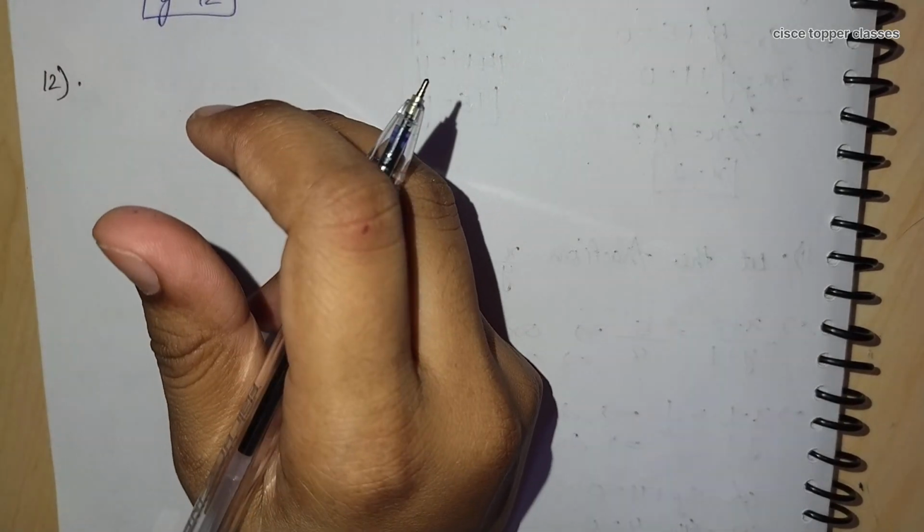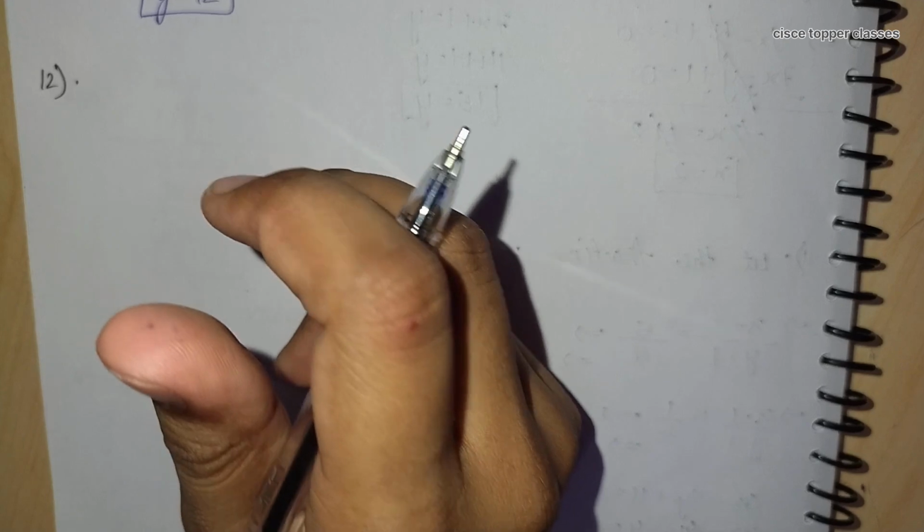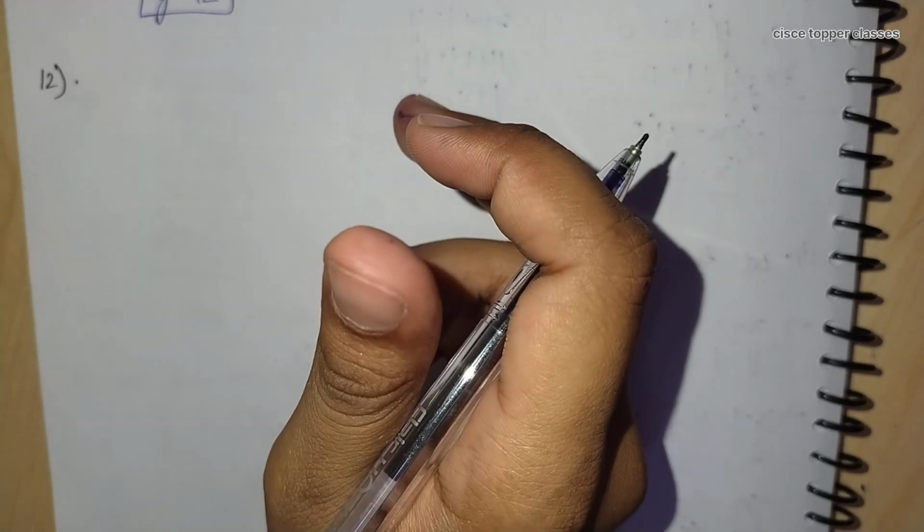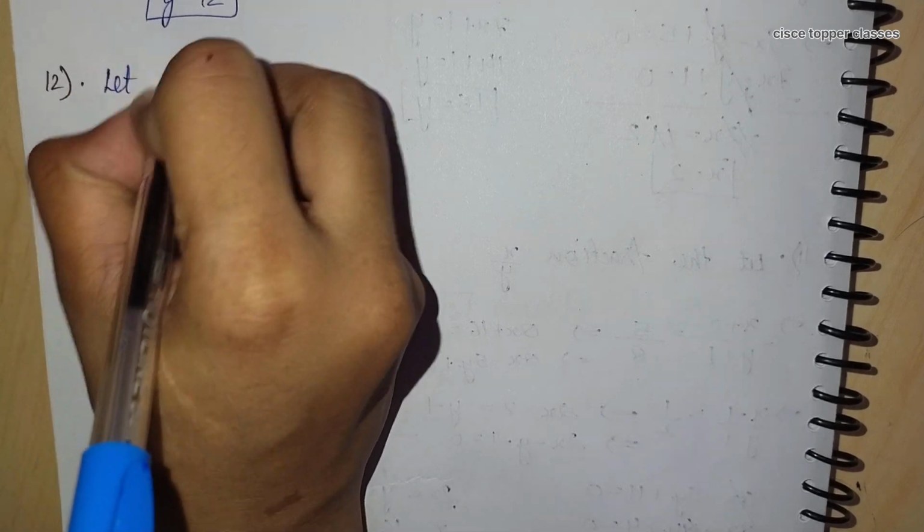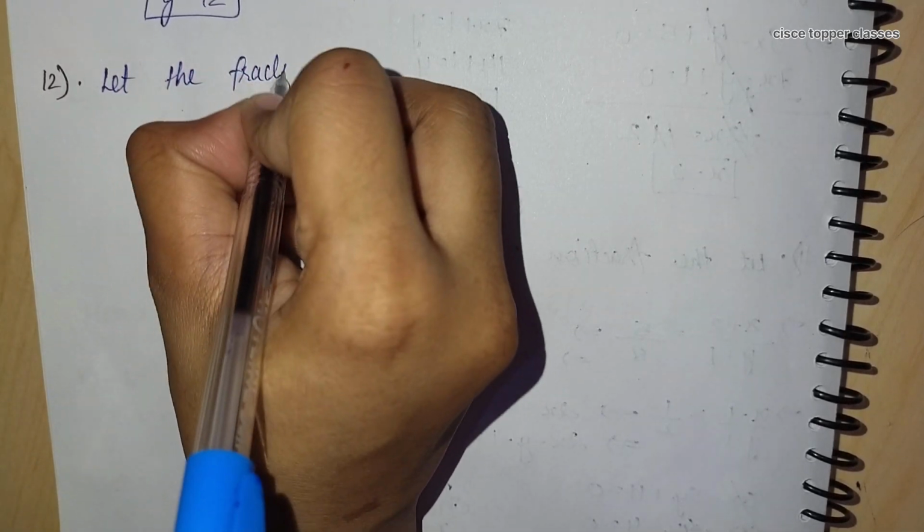Now let us solve the 12th question here, which says that find the fraction which becomes 1 by 2 when the denominator is increased by 4 and is equal to 1 by 8 when the numerator is diminished by 5. So let the fraction here be x by y.